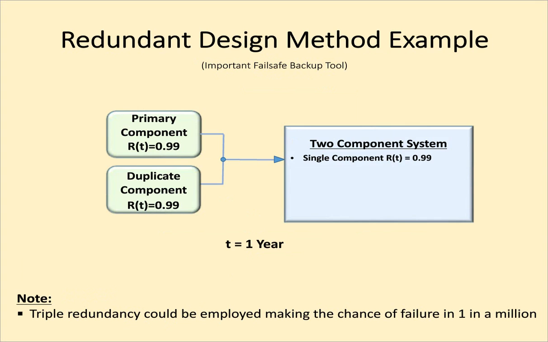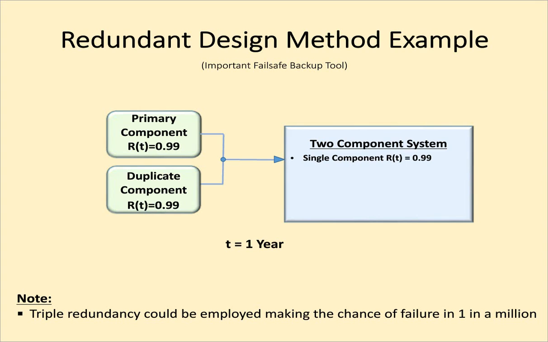Okay, so here's an example of a redundant design method that can be used during the design phase by the engineers. In this case, I have a primary component backed up by the very same component, a duplicate, both, of course, with 0.99 reliability for a year, and that's not good enough.